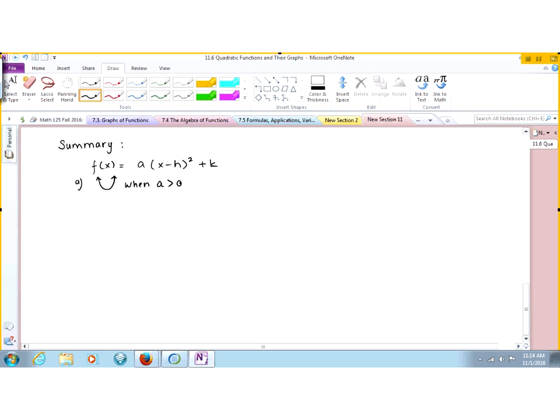A parabola opens up when a is positive, when the coefficient of x squared is positive. And it opens down when a is negative. Note, a is the coefficient of x squared.